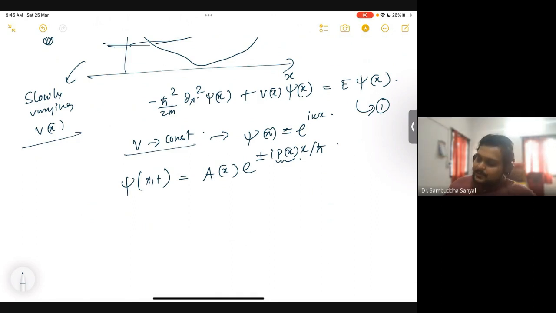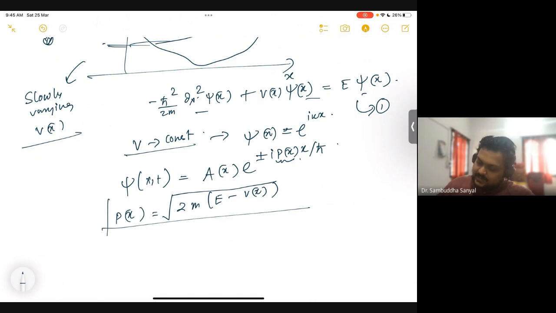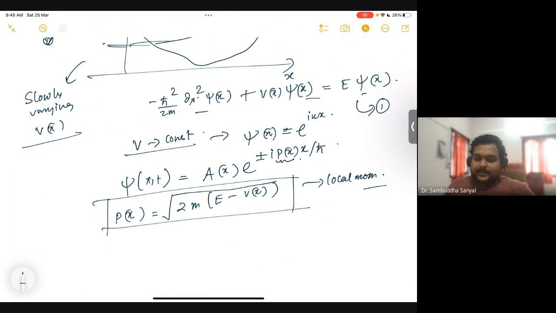To be very precise, if I plug in this form here, then the p of x that comes is the square root of 2m times E minus V of x. So this I call the local momentum. Okay, so this is my ansatz.